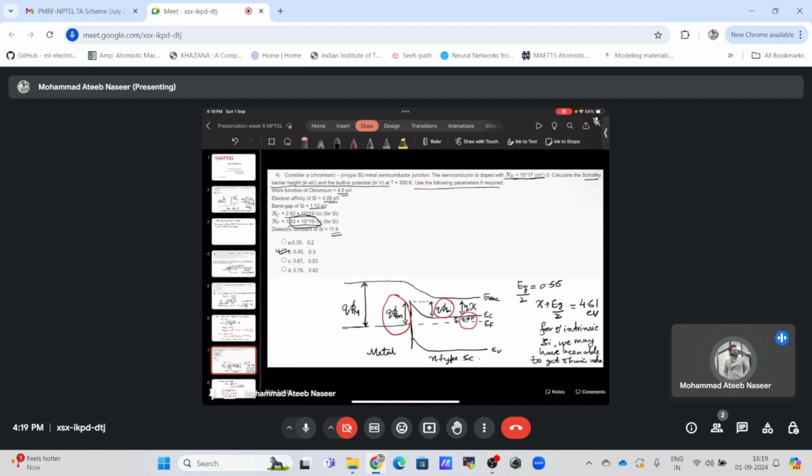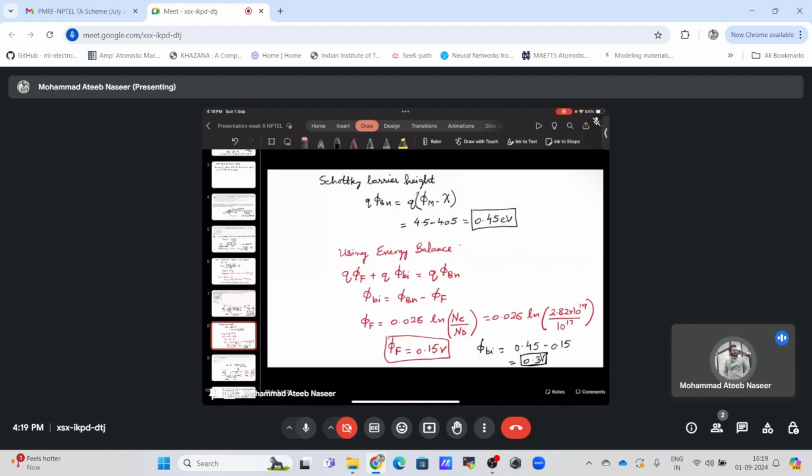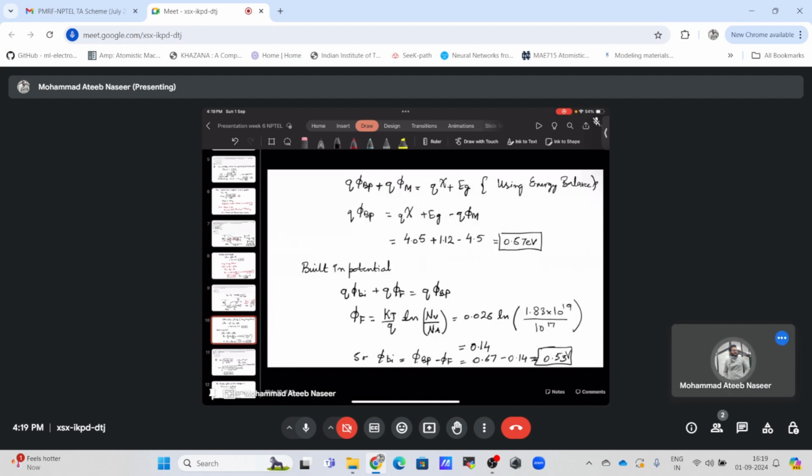Similarly, we then looked into the contact problems where we solved for the Schottky barrier heights for the n-type semiconductor, and then for the p-type semiconductor we followed the same.